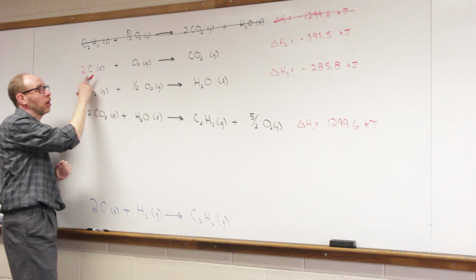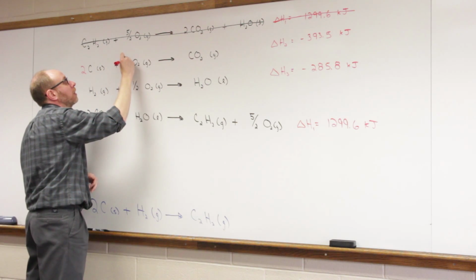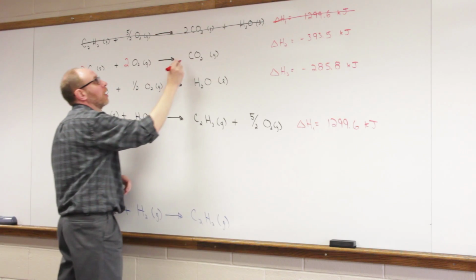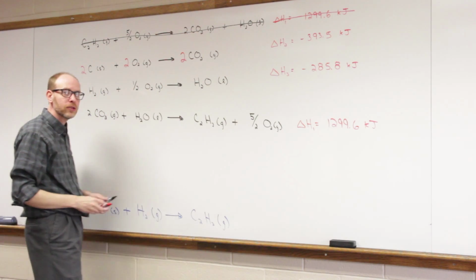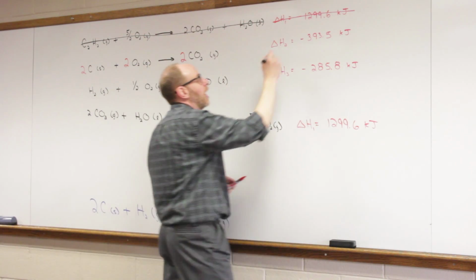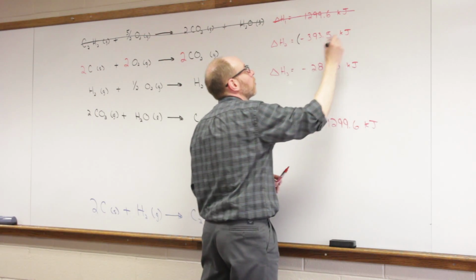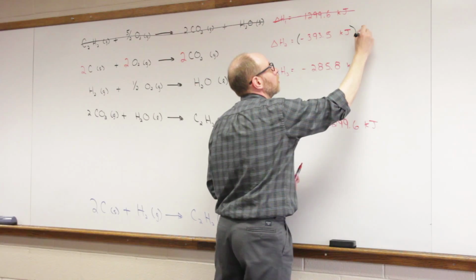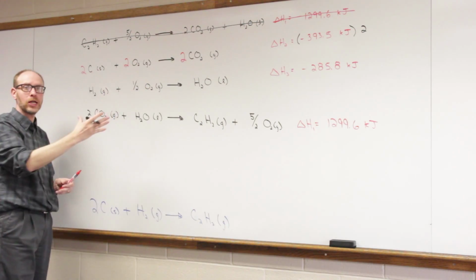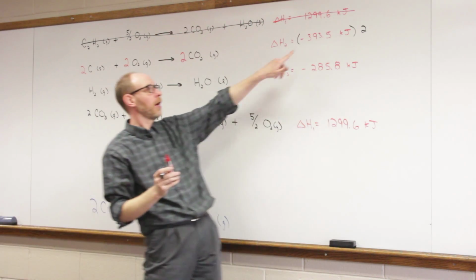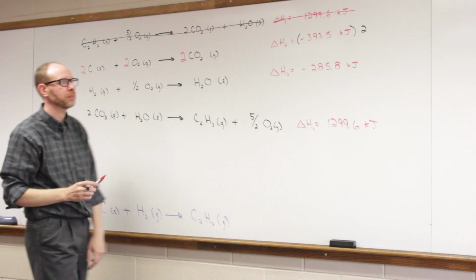If I multiply this carbon by 2, I've got to multiply the oxygen by 2, and I've got to multiply the carbon dioxide by 2, and I also have to take care of this enthalpy. I've got to multiply it by 2. So if I multiply an equation by something, I've got to multiply the enthalpy by that as well. Good.